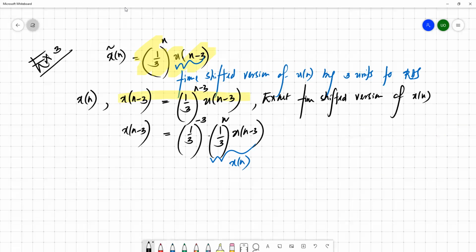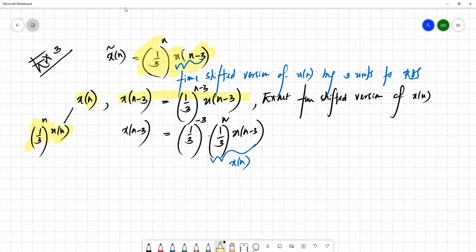So the original x[n] would be this, and if you take the shifted version of this original x[n], the shifted version is x[n-3] equals (1/3)^(n-3) u[n-3].